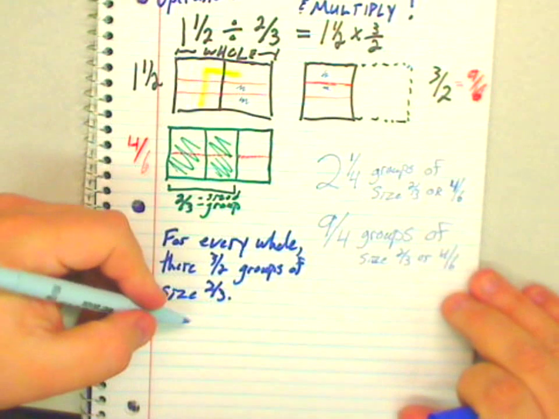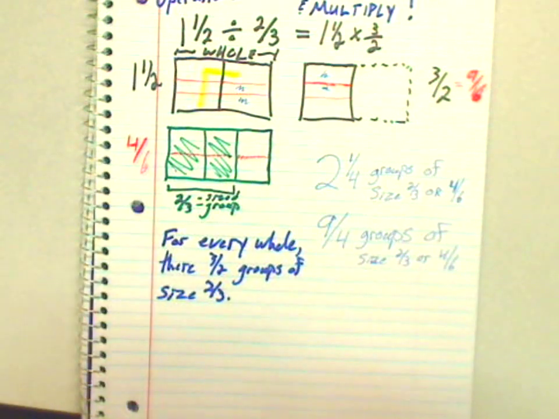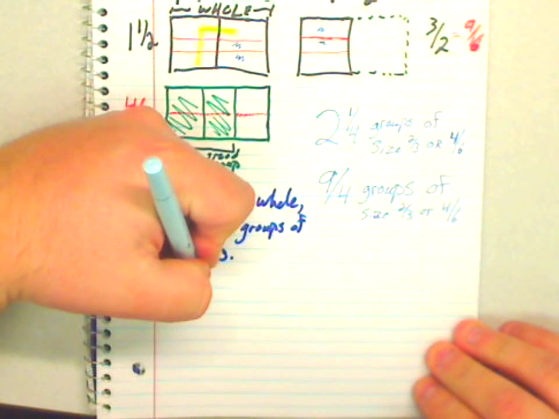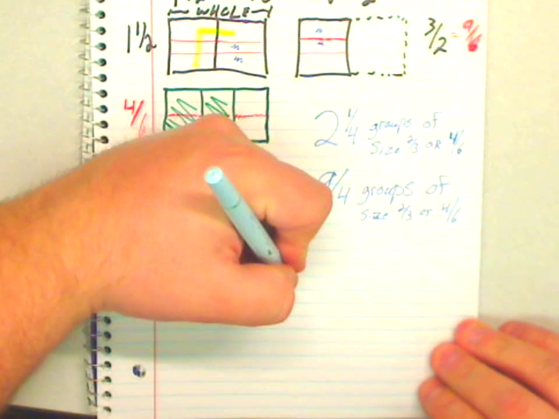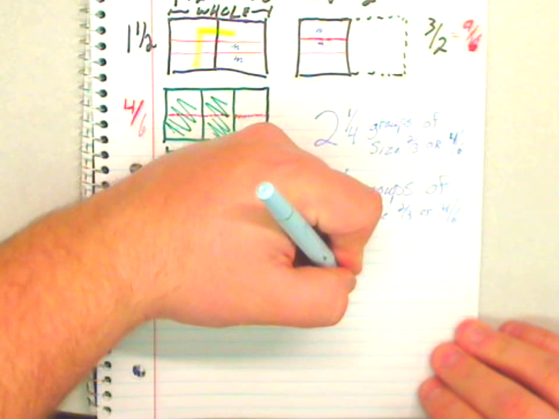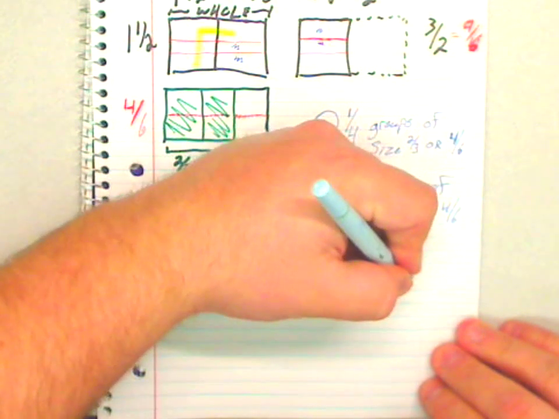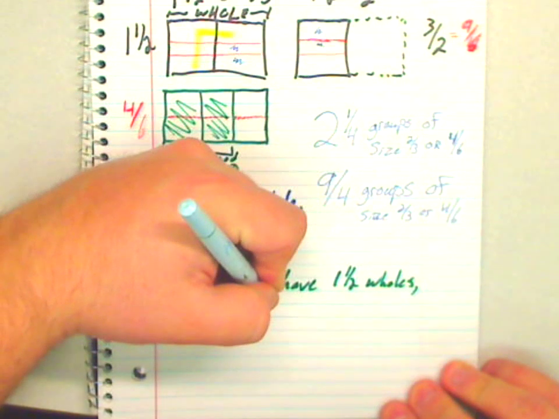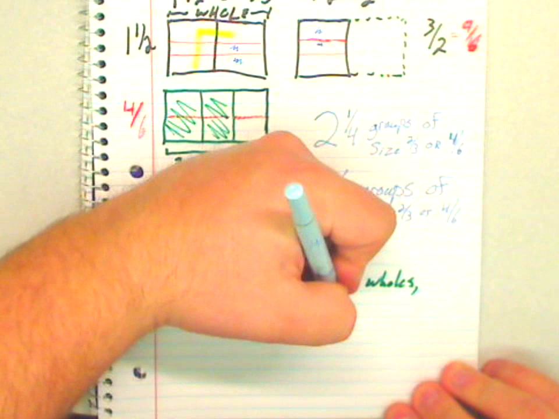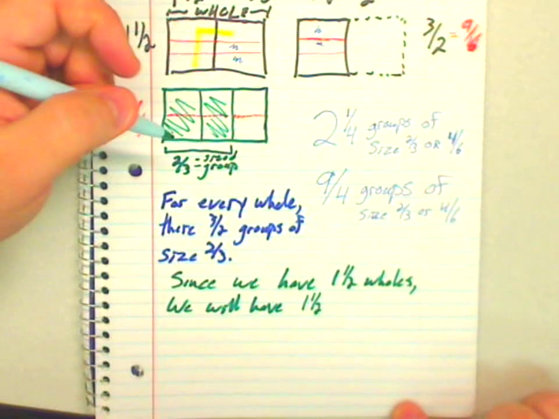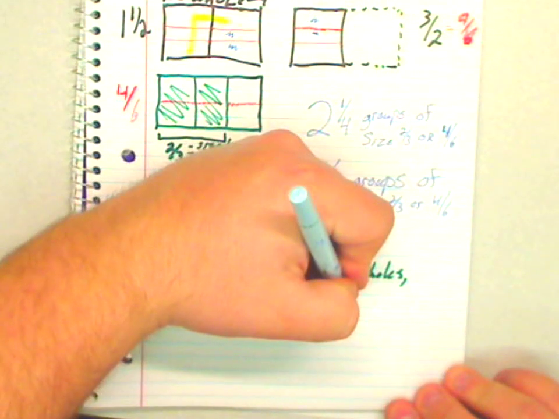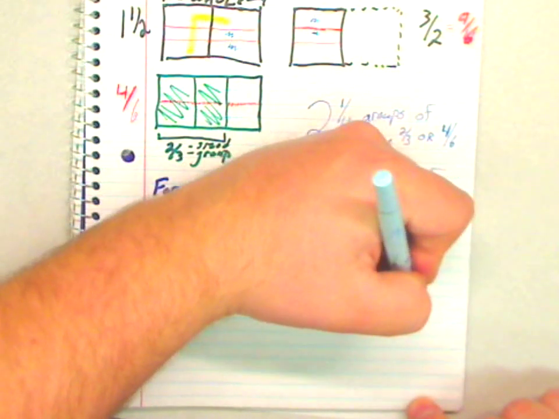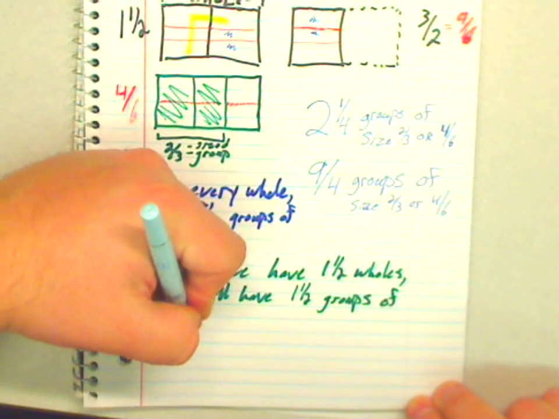So I can say safely now, and let's change colors so we can see that better, since we have 1.5 wholes, we will have 1.5 of these 3 halves groups, or super groups if you want to call them that. 1.5 groups of 3 halves.